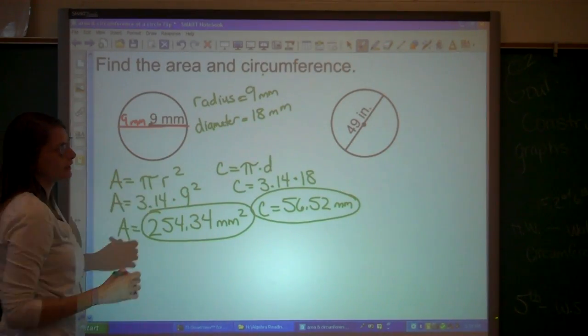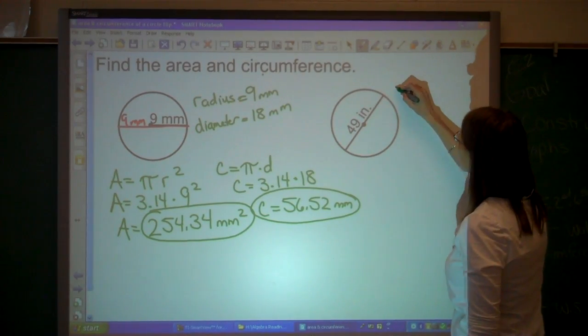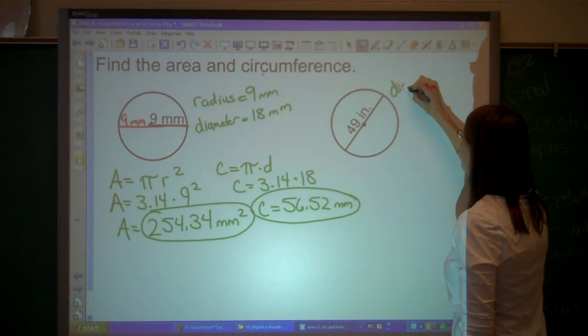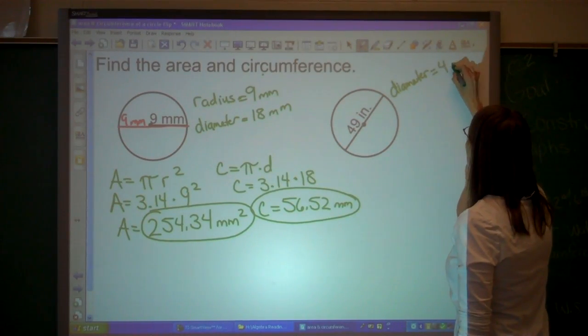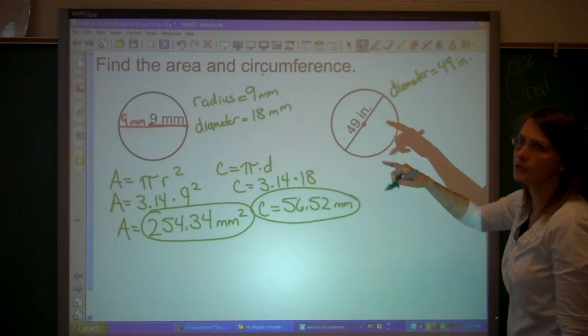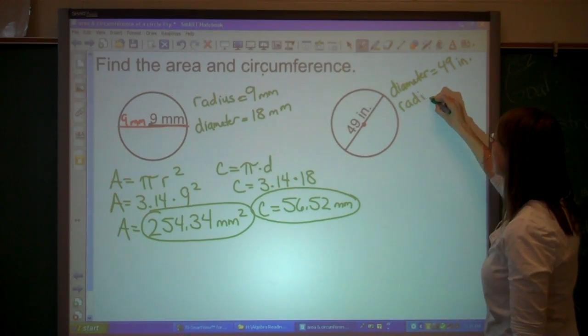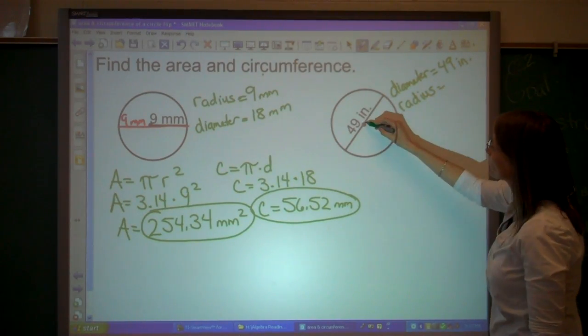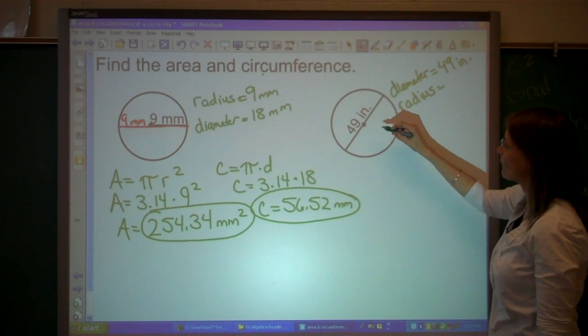Now we're going to go to our second one. This time, they gave me the diameter, so I'm going to write that down. Diameter equals 49 inches. And I also need to know the radius. Remember, the radius is from here out. So what I really want is half of that.